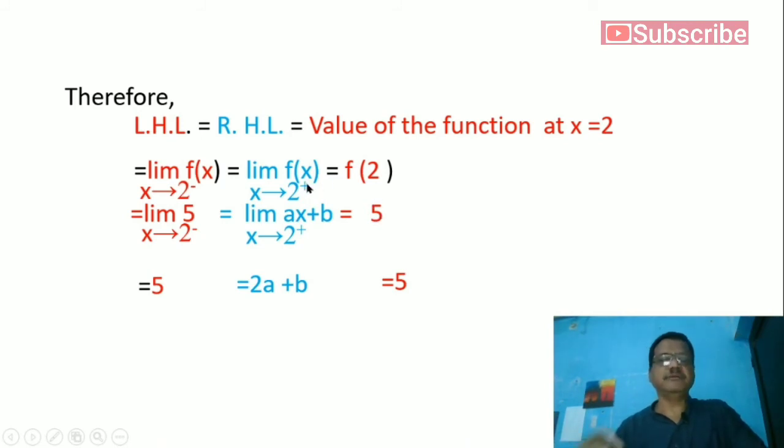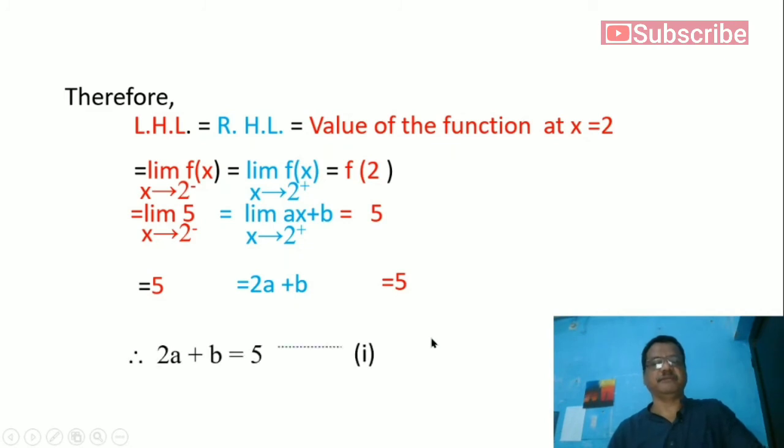For real numbers which are greater than 2, f(x) is defined as ax plus b, and for the real numbers which are less than 2, f(x) is defined as 5. Okay, so this is constant, nothing to be done, straight away 5, and this is 5, and in ax plus b let us put x equal to 2, so we will get 2a plus b. So our first equation will be 2a plus b is equal to 5. This is our required equation.